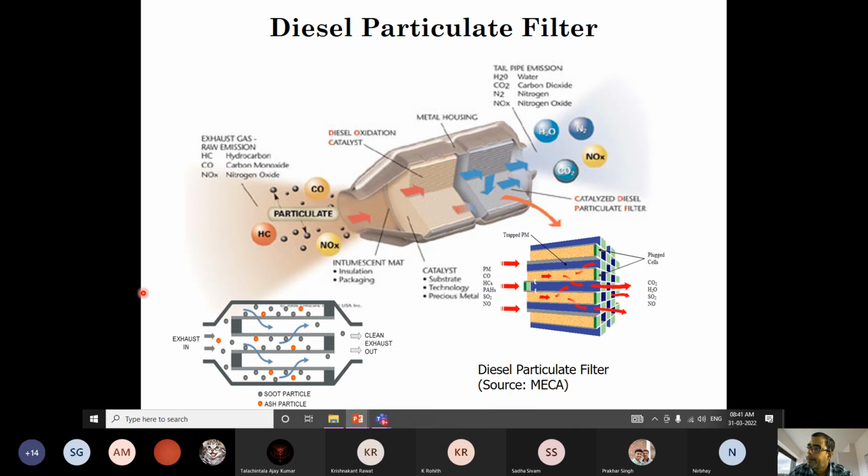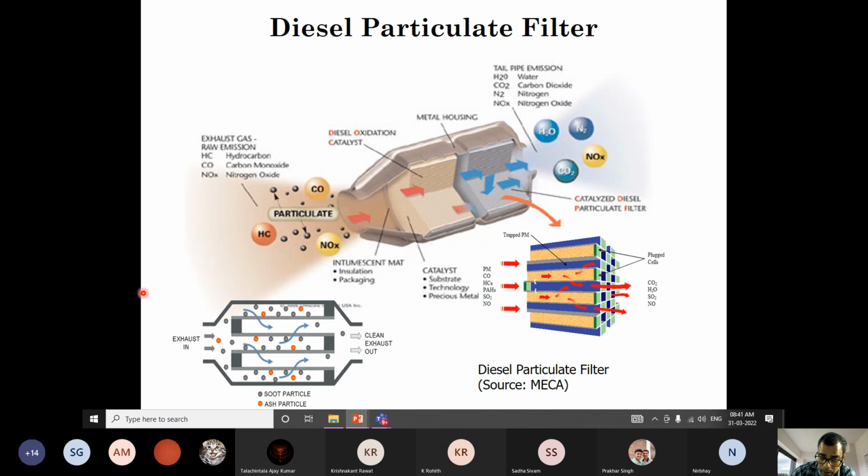In the SI engine, where the combustion is homogeneous, particulates also form, but the emission standards are not so stringent, as long as you are using the PFI mode. But once you go to the GDI mode, then there is another problem: you have to satisfy the particulate number regulations also.